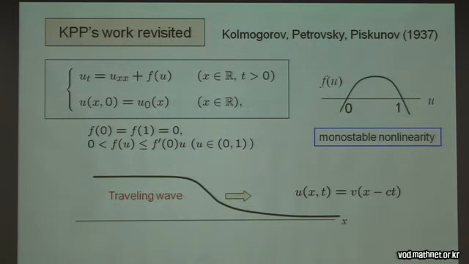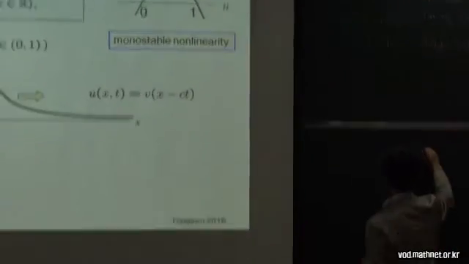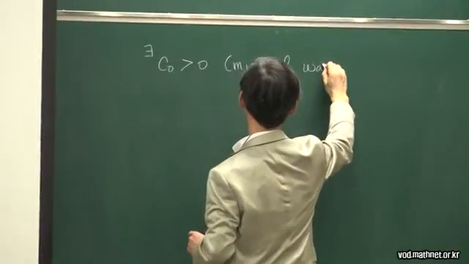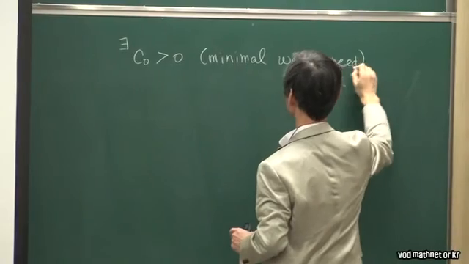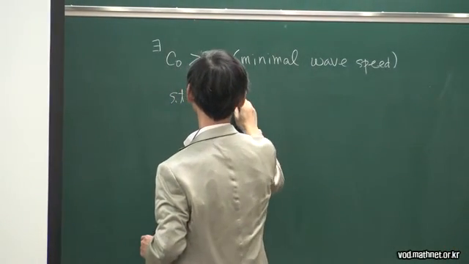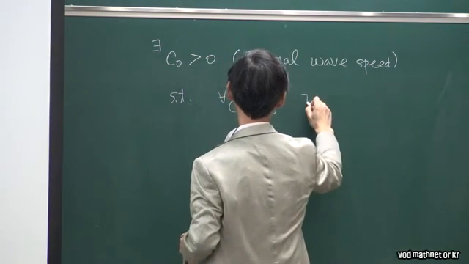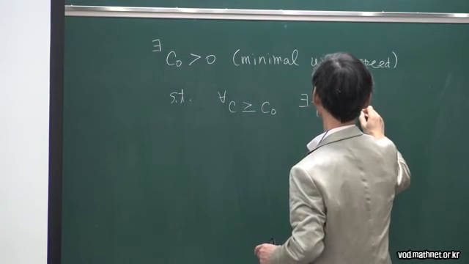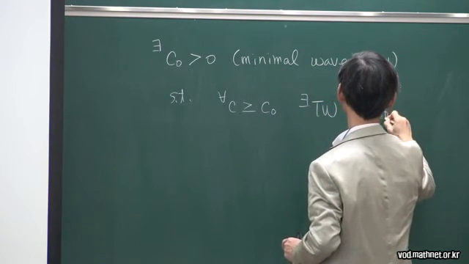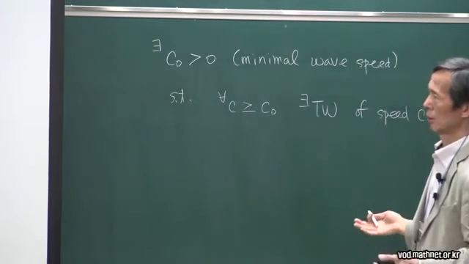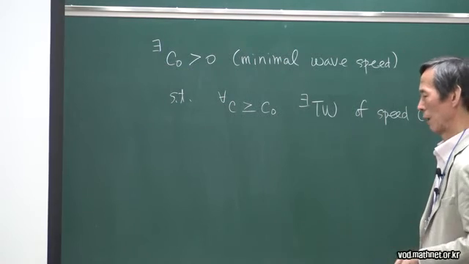In the case of the KPP equation, it is known that there exists a minimal wave speed C0, positive, such that for any C larger than or equal to C0, there exists a traveling wave of speed C. This is known, and you can prove this by various different methods.